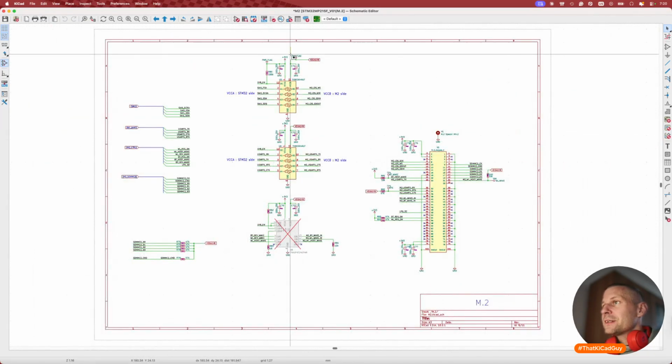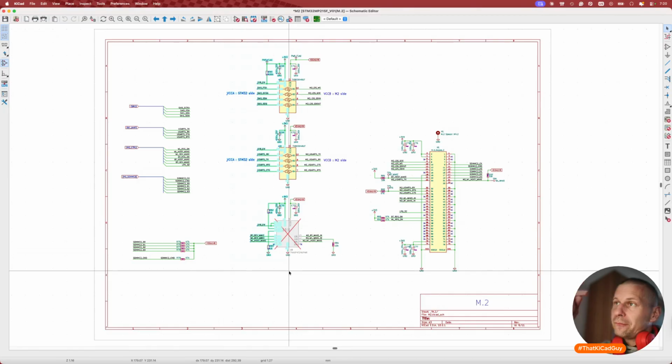Let's say this M2 connector side of the voltage translators is supplied from PMIC, and the MPU side is supplied from 3 volt 3. I think there are only 2 power domains.